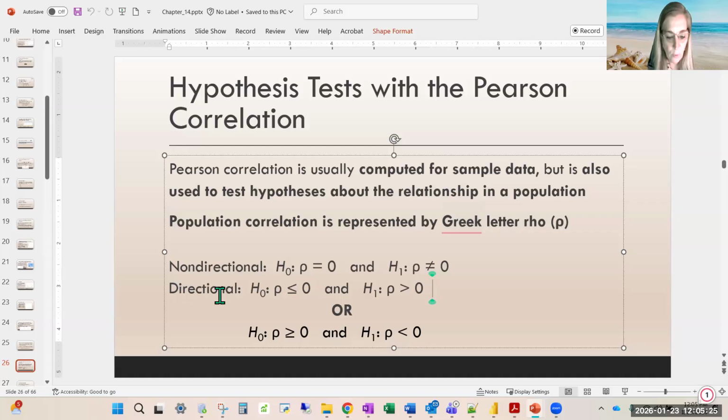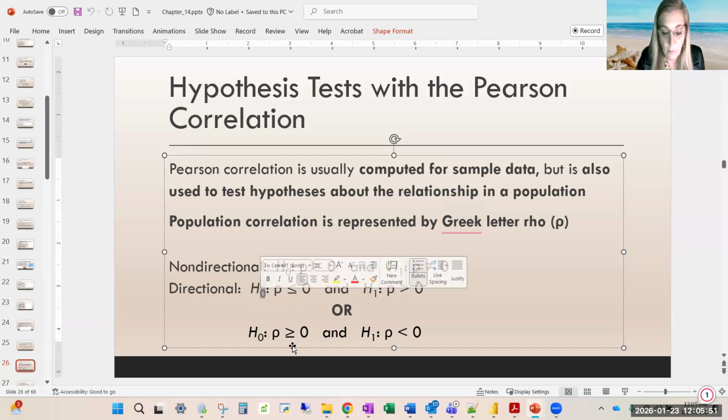If you have a directional relationship, positive or negative, you would say H0 is where rho is less than or equal to 0, and H1 is rho is greater than 0. Pardon me, not H0. I misspoke and I mistyped.